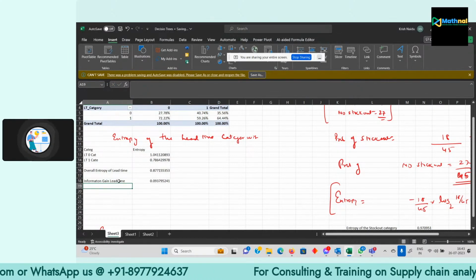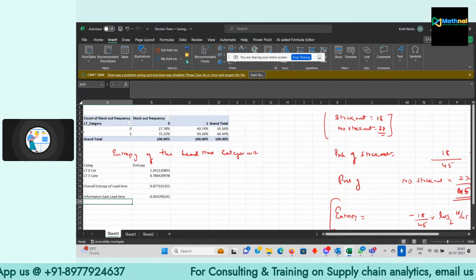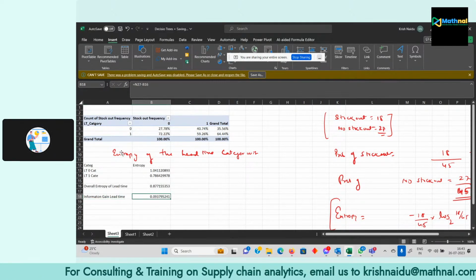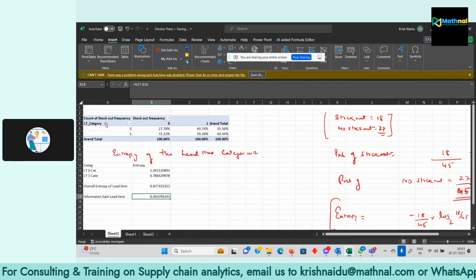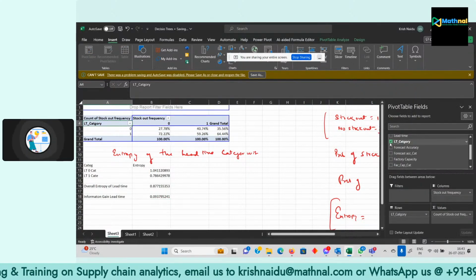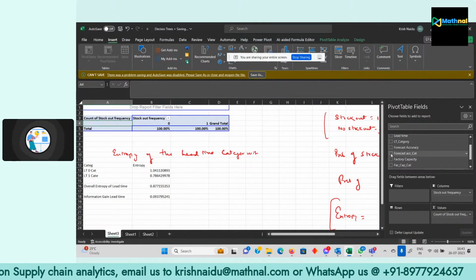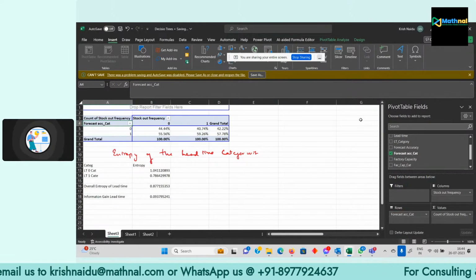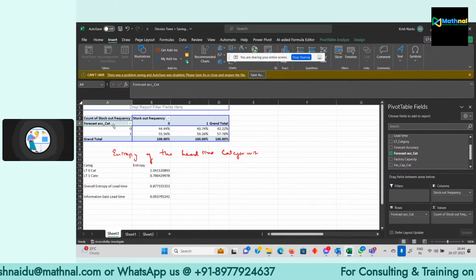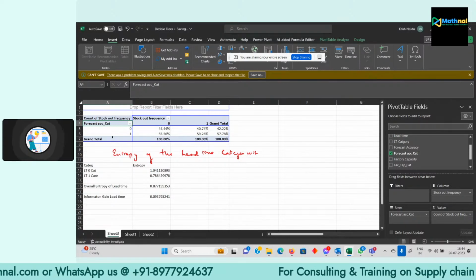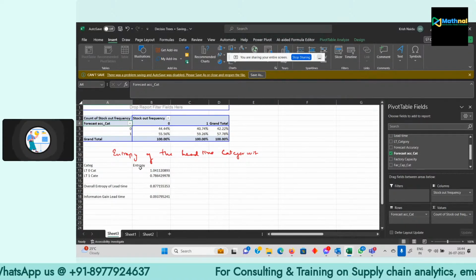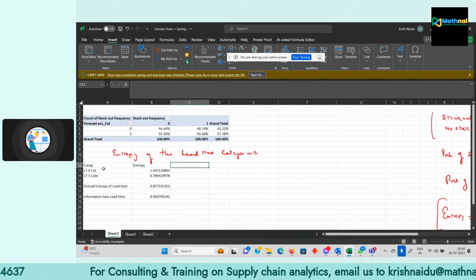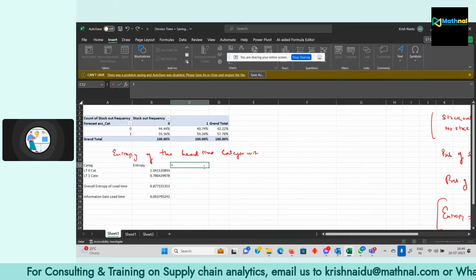Similarly, now we are going to do the same process for the next variable. I'll remove the lead time category from here and take the forecast accuracy category. So I'll put the forecast category here, versus stockout. Now we're going to do the same operations for the forecast category.